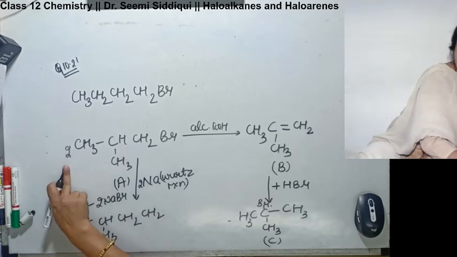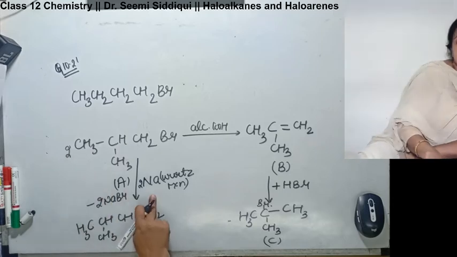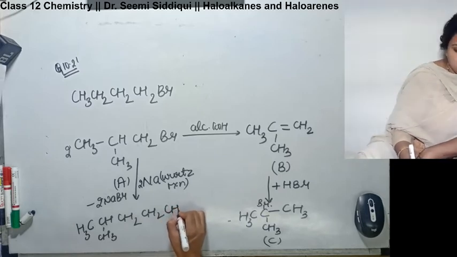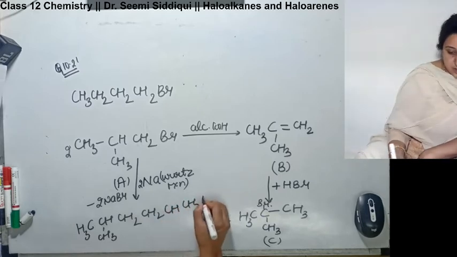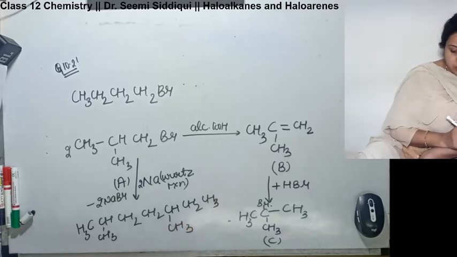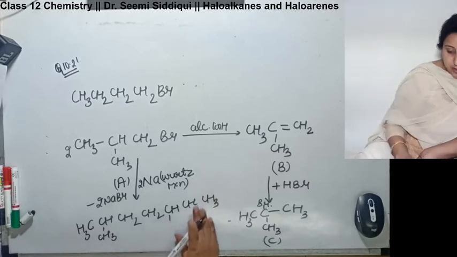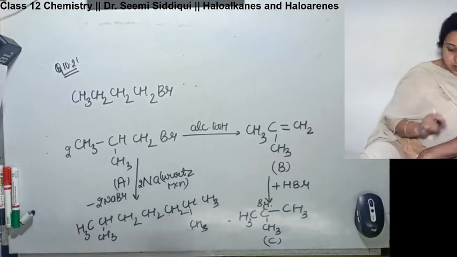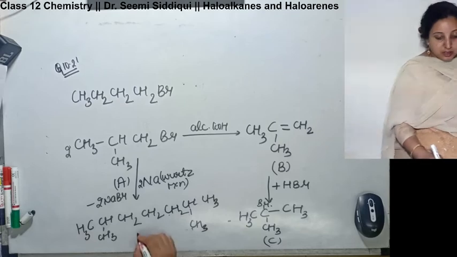These two molecules you are going to write for this particular CH CH2 CH3 CH3. ओके, या आप इसको ऐसे भी लिख सकते हो. Okay, so this is going to be your product.